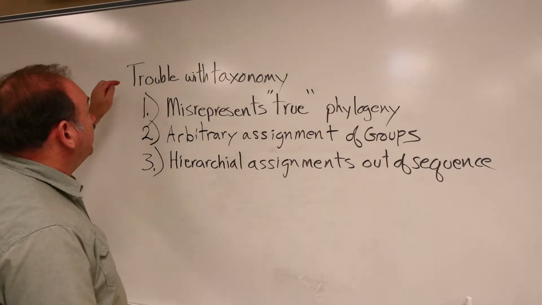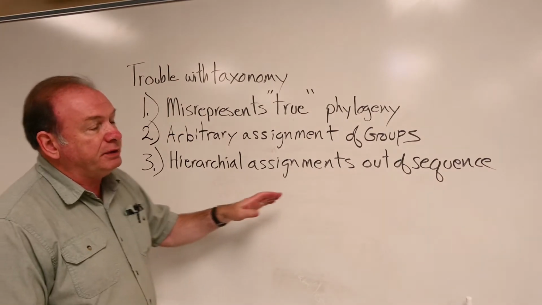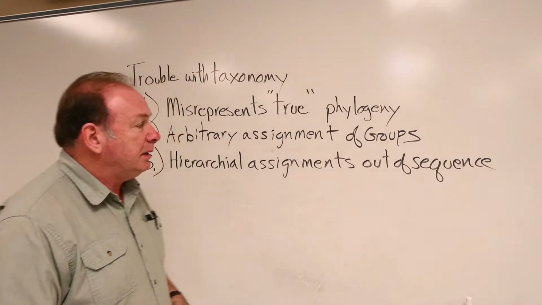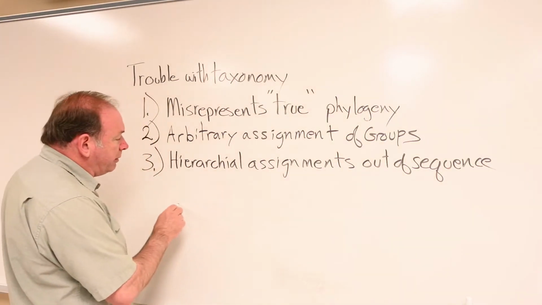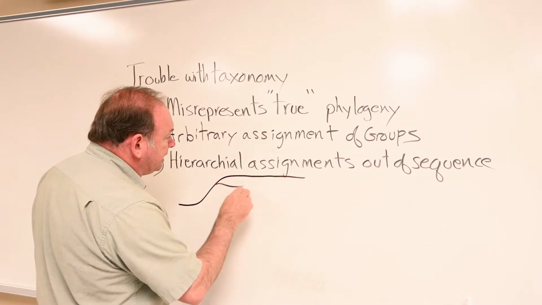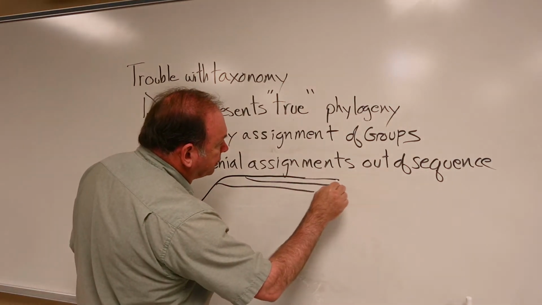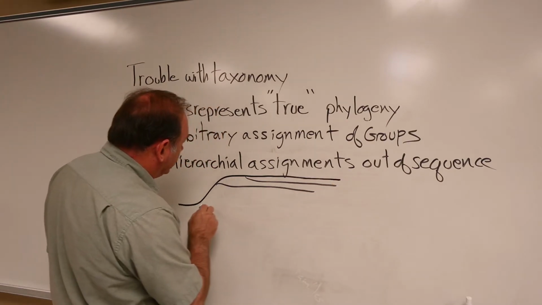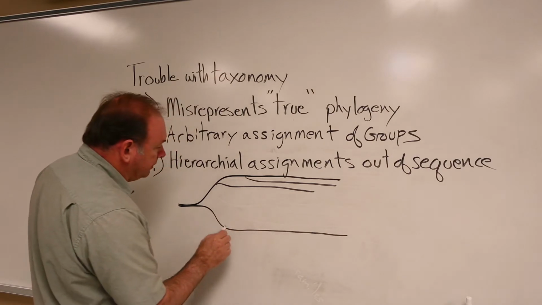So our third problem or trouble with taxonomy, number 3, hierarchical assignments that are out of sequence. Let me explain what I mean by that. If we start down here with the branching pattern of phylogenetic descent, different groups coming off at different points over time on this family tree of taxa here.